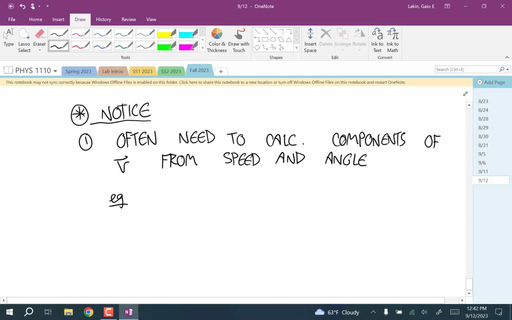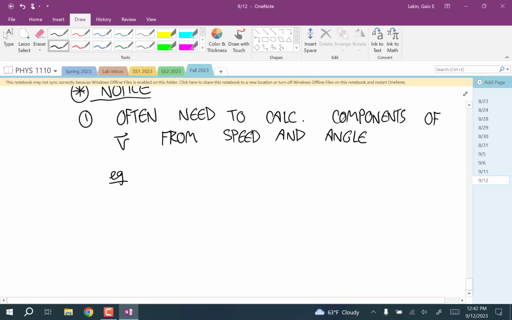So as an example, you might have a problem that says the object is launched at 20 meters per second, 30 degrees above the horizontal.